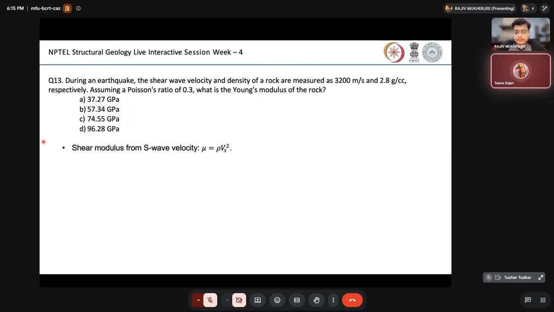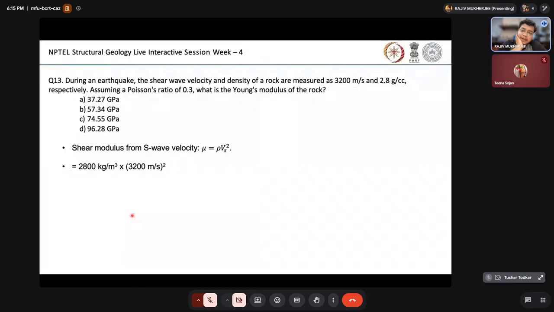2.86 into 10 raised to 10. Yes, it's correct. Of course you have to convert the density into kilogram per meter cube. That gives you this value, 2.86 into 10 to the power 10 Pascal.